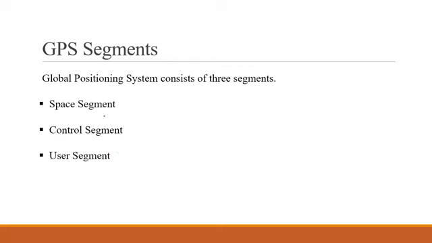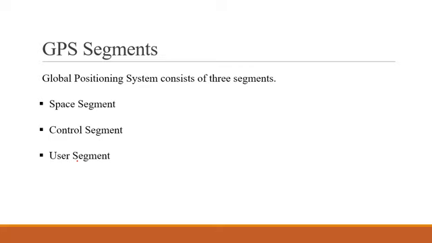First, we see what a space segment is, how space can be utilized for a GPS. Then we see what the control segment is, how it works, and in the last we will see the user segment of a GPS.